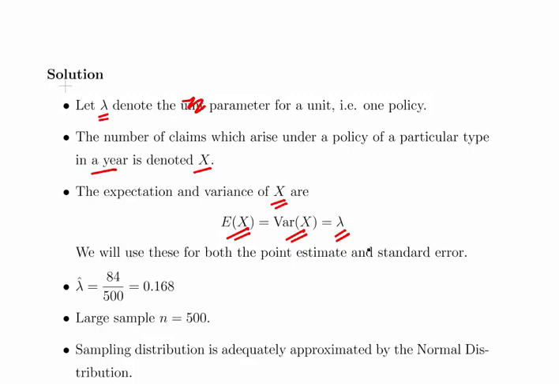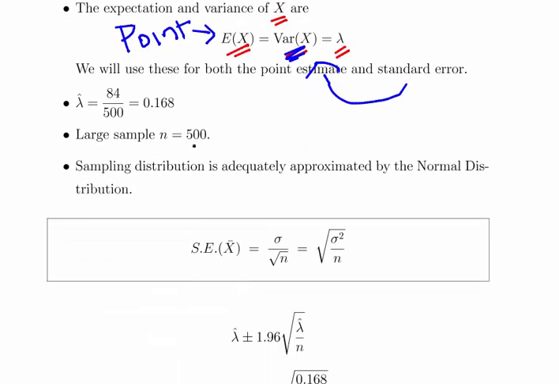Now we're going to use this as our point estimate, and our variance, which we're going to use in the standard error. So our point estimate here for one policy is 0.168.